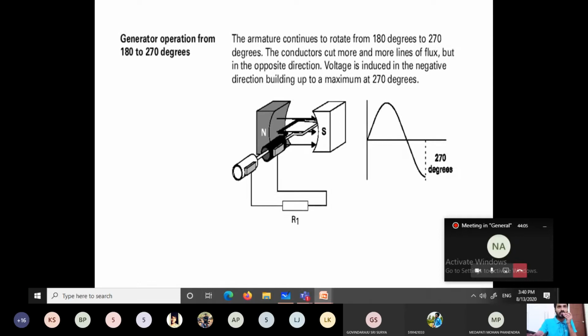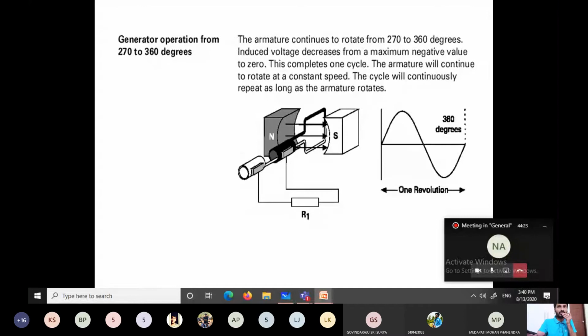Again the conductor rotates in the opposite direction, so the theta angle is 270, and at 270 we get a negative E maximum, as indicated in the diagram. When theta reaches 360, the conductor is parallel to the lines of force, similar to the theta equals 0 position, so the EMF induced is 0.